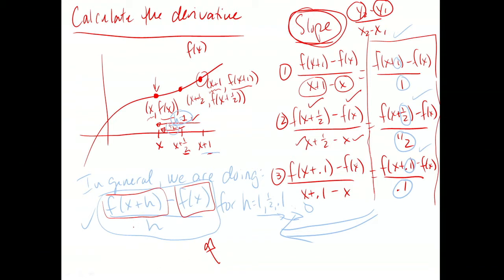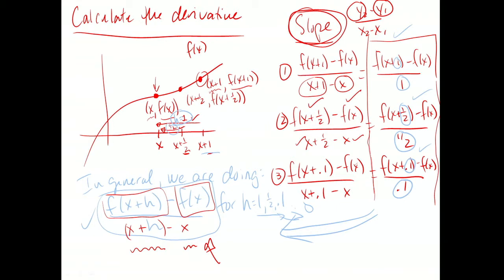If it makes you feel better, you could say it's an x value minus another x value, and that's fine. But we all agree that plus x and minus x are really just 0, so I don't have to write that every time. I could just write h.